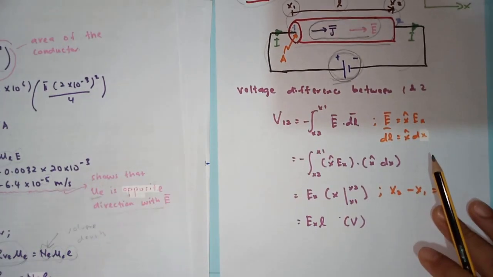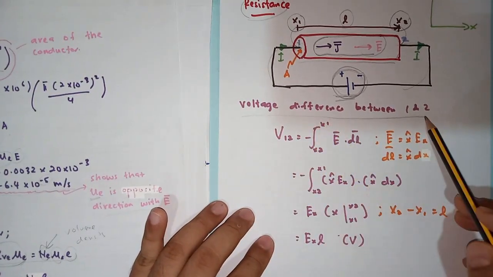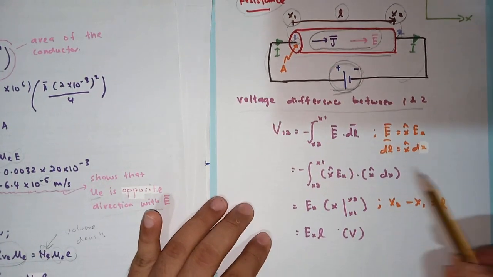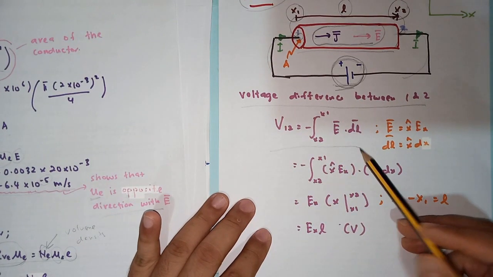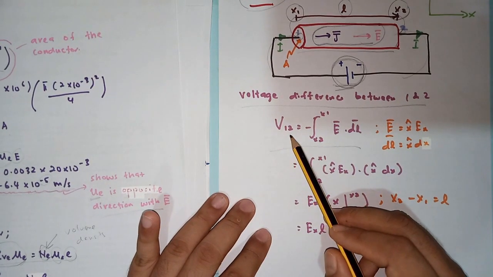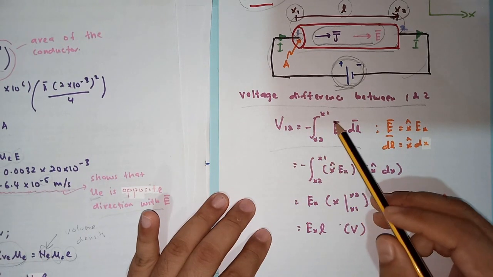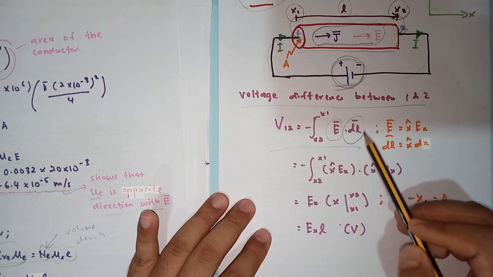As we have learned before, to calculate the voltage difference between points 1 and 2, we can use this expression, where V12 is equal to minus the integration from x2 until x1 of the vector E dot the vector dl.